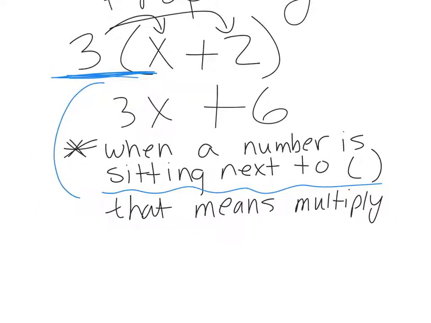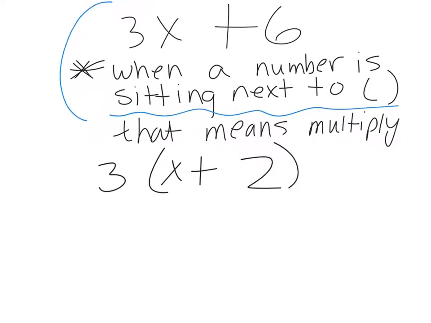So I'm going to put the problem back down here for a second. 3 times (x plus 2). So that's why it's called distributive property. You are taking that number on the outside and you're distributing it. You're giving it to all of the people inside of the parentheses.